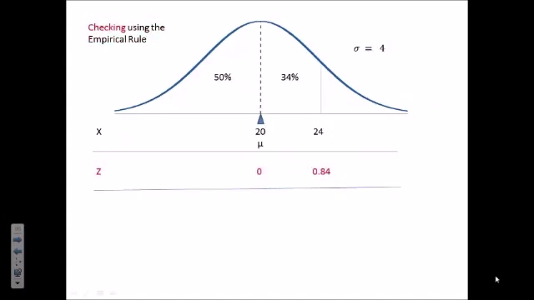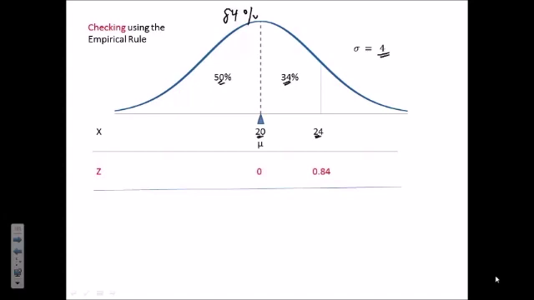We can check our answer by using the empirical rule. If we take 1 standard deviation above the mean, 4 above 20 is 24, then we know that the area between 20 and 24 is 34%. And similarly, the area on the left half of the curve is 50%. 50 plus 34 is 84%.